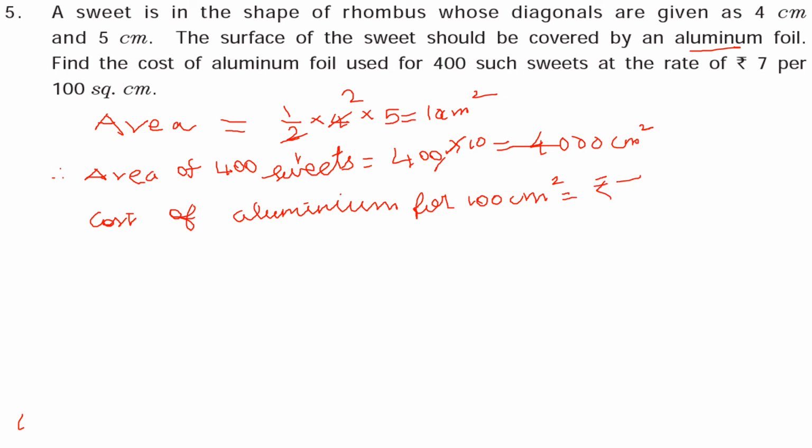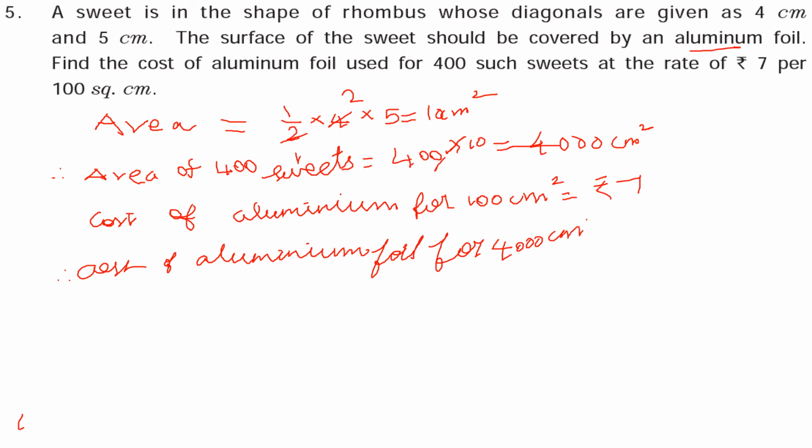Therefore, we will find cost of aluminium foil for 4000 centimeter square. So, cost of aluminium foil for 4000 centimeter square.